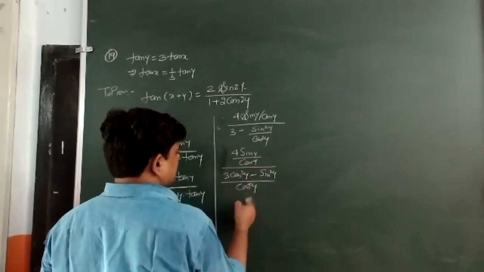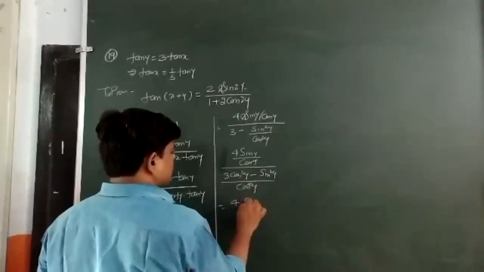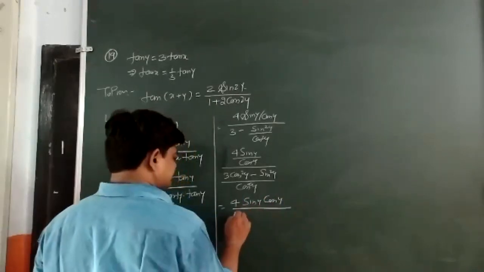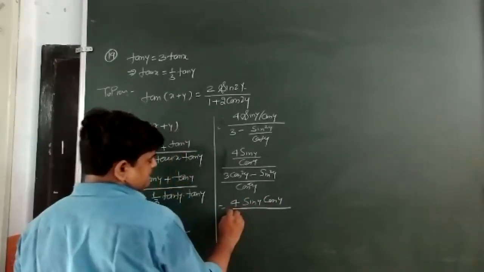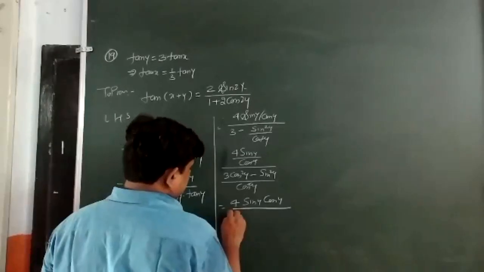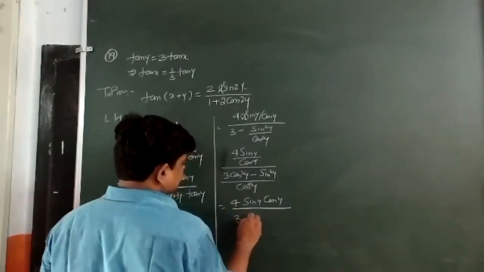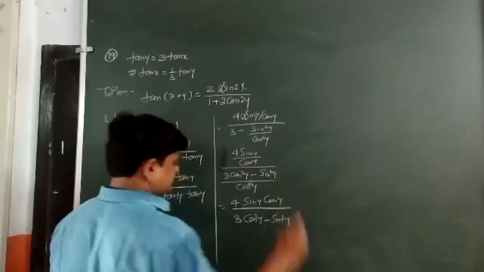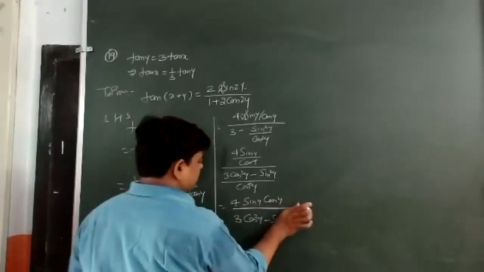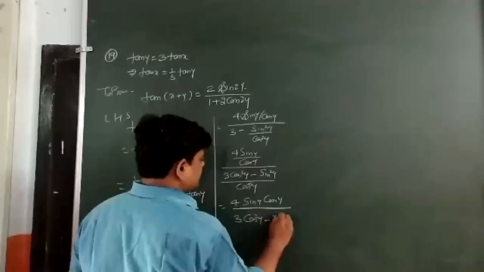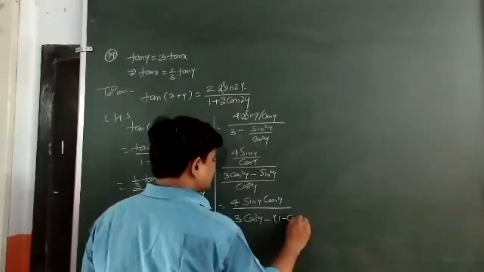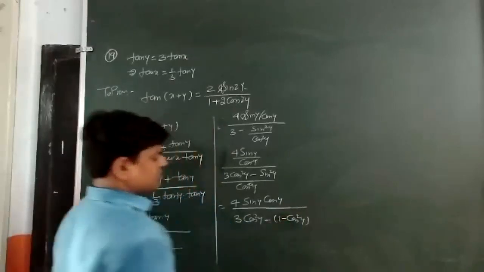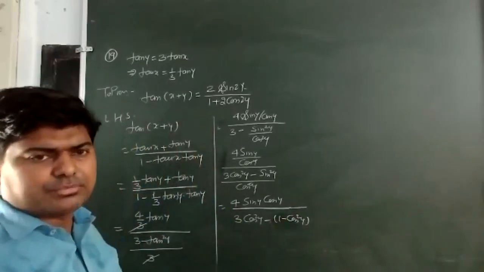Here one will cross to get 4 sin y cos y upon 3 cos square y minus sin square y, and that sin square y may be written like that, 1 minus cos square y. Anyone have any problem here?